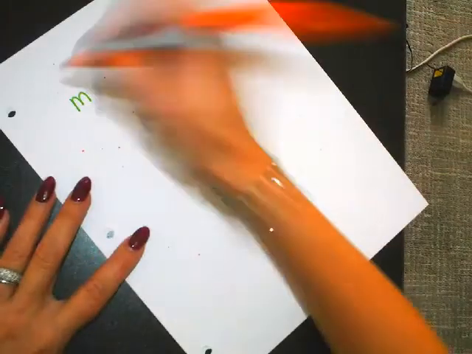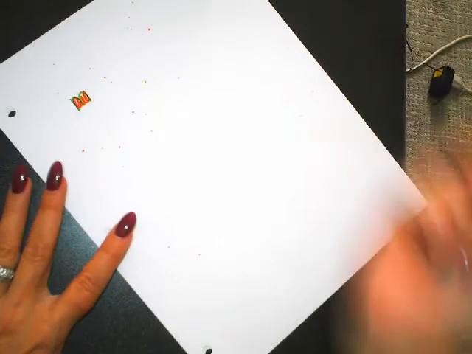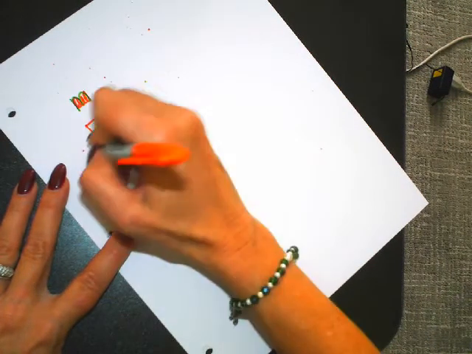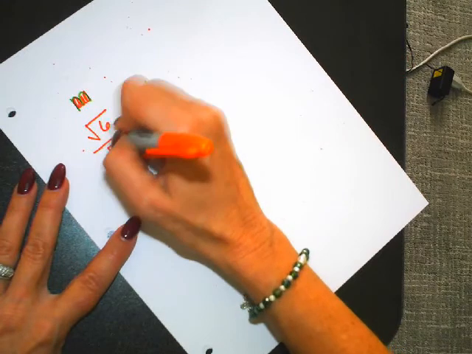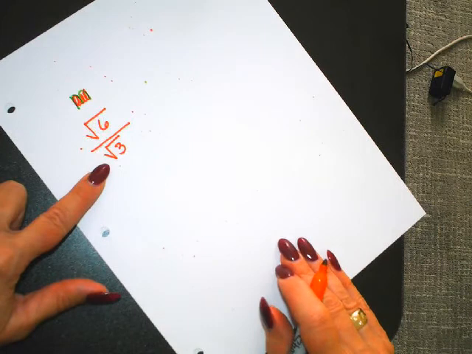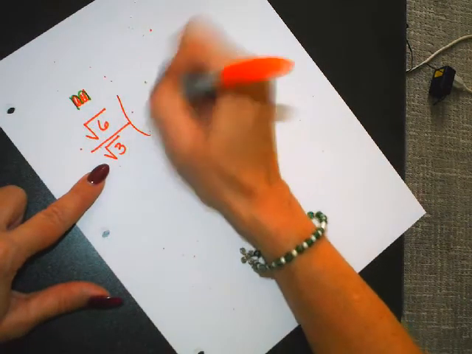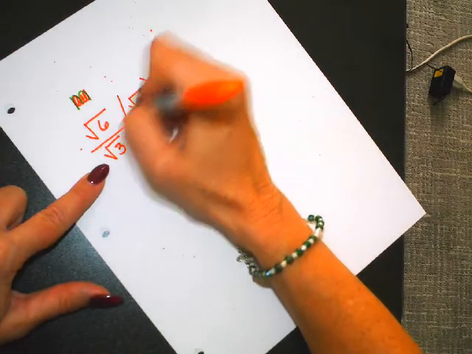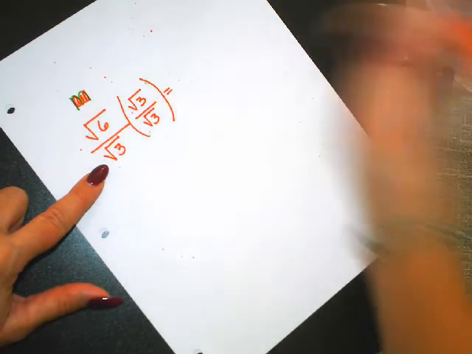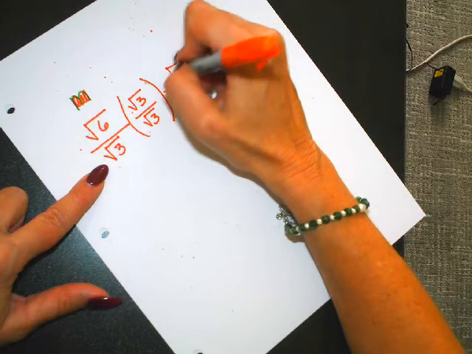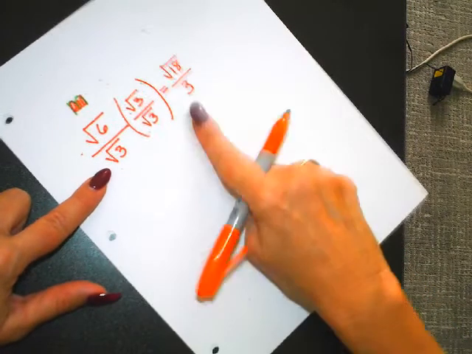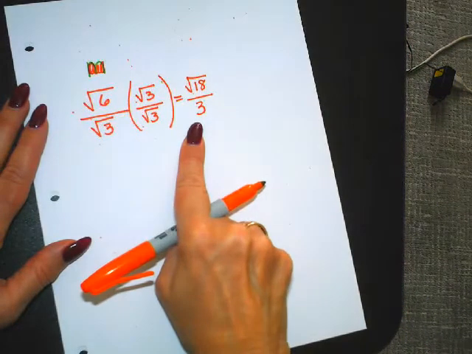Sometimes you can simplify them, and I just want to show you one more where we can simplify it. Oh, I don't know why there's an M on that paper. Let's just reuse it. So let's say we have the square root of 6 over the square root of 3. Again, my first step is to rationalize the denominator. I will multiply the numerator and the denominator by radical 3 over radical 3, because that equals 1. This is going to now give me the square root of 18 over 3.